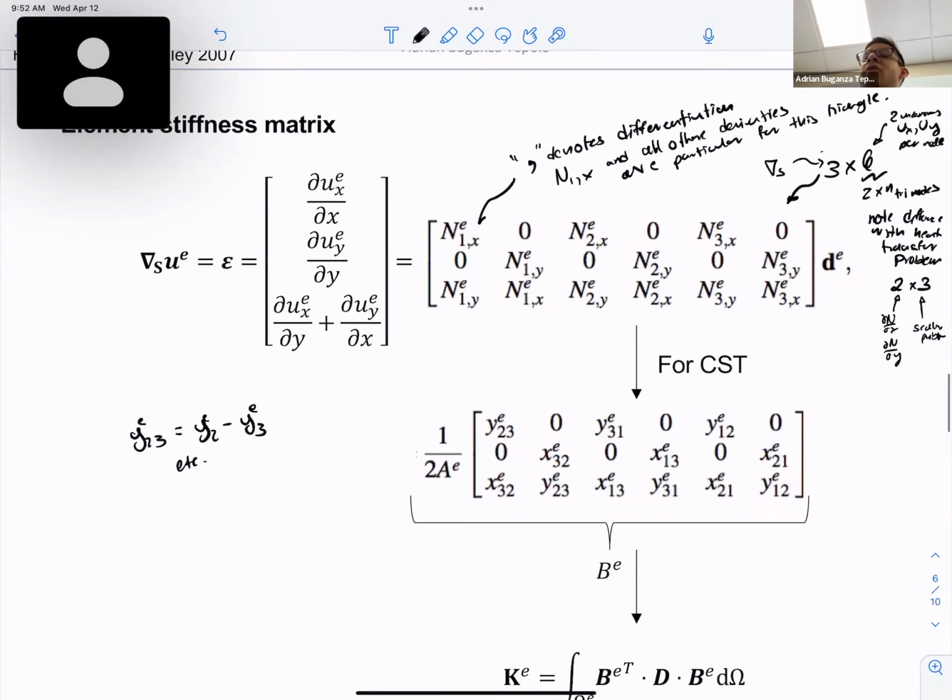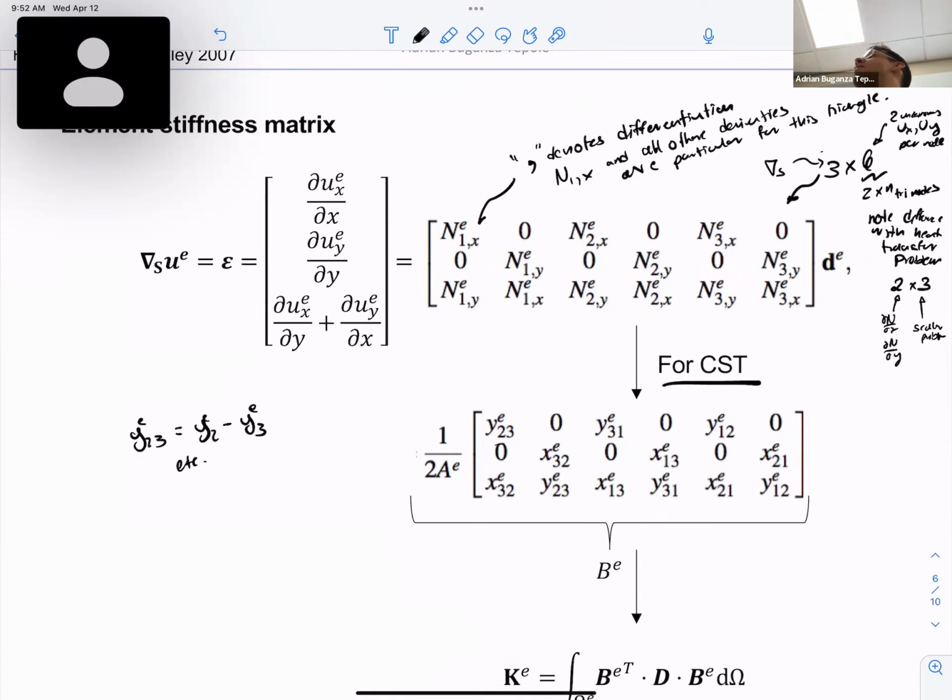So that's one thing to notice. In particular, for the constant strain triangle, CST stands for constant strain triangle, the actual derivatives are very easy. They are just the difference between the nodal coordinates. You can see that these are all constant.